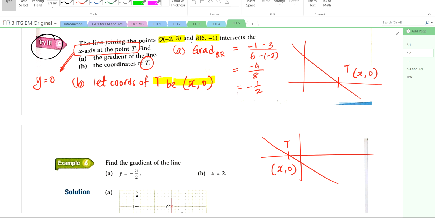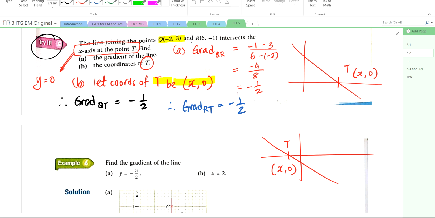So whether you choose to start off with, therefore, gradient of QT equals -1/2, or you can choose, therefore, gradient of RT equals -1/2. Either the blue or the black option will work for you. All you need to do is just substitute in.